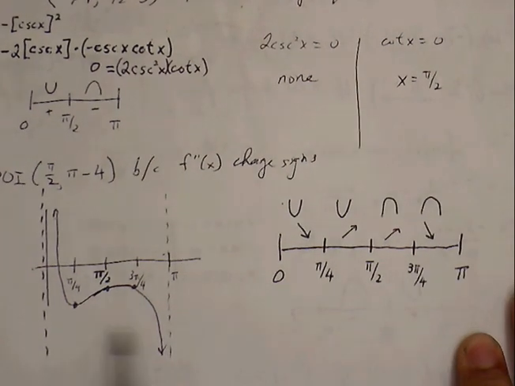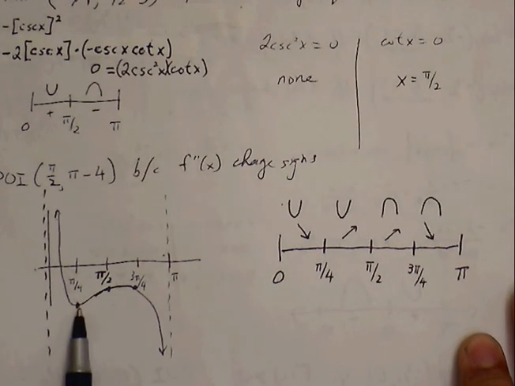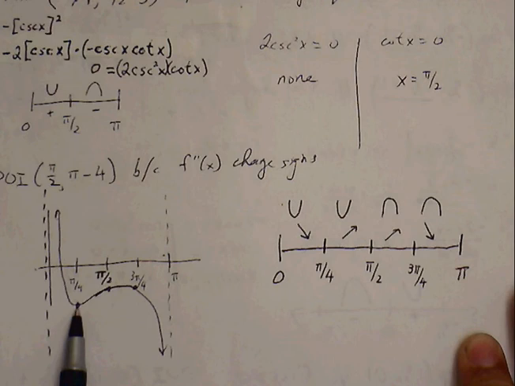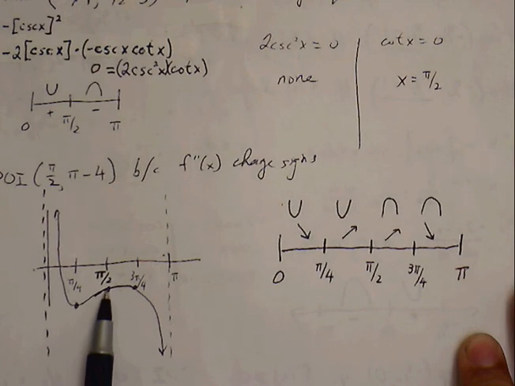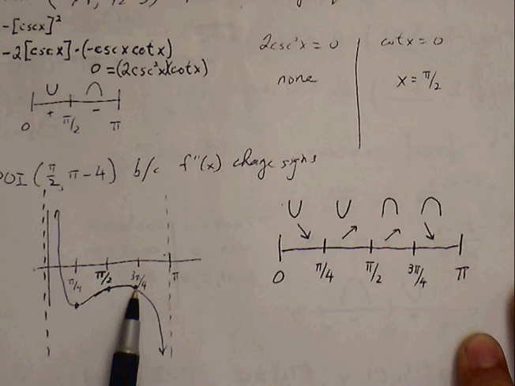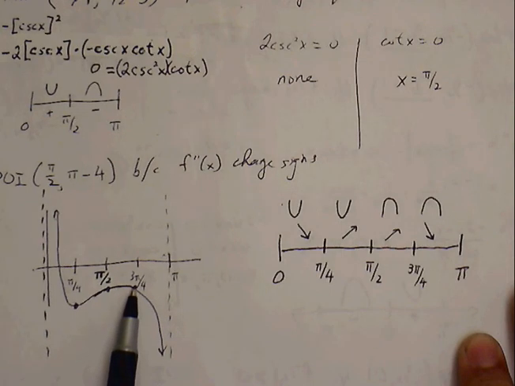The relative min is going to occur at a y value of negative 1.5. We know that the point of inflection is going to occur at roughly negative 1. And then the relative max is going to occur at roughly a y value of negative 0.5.